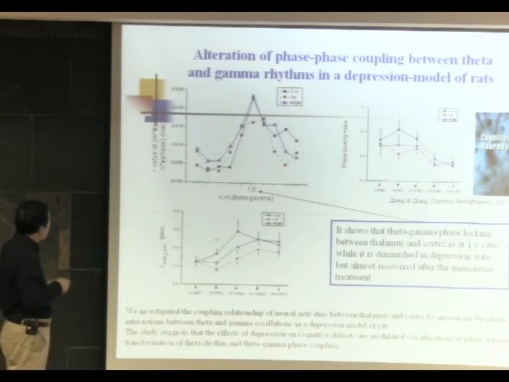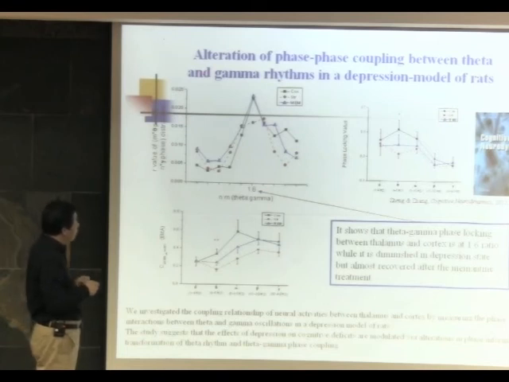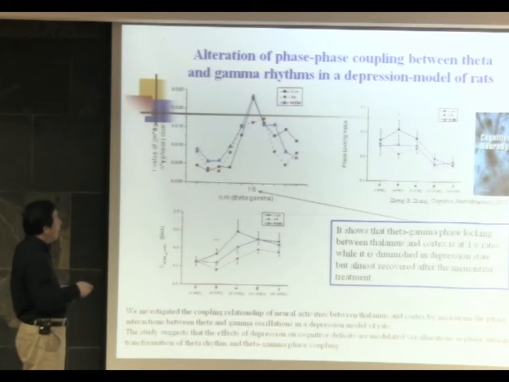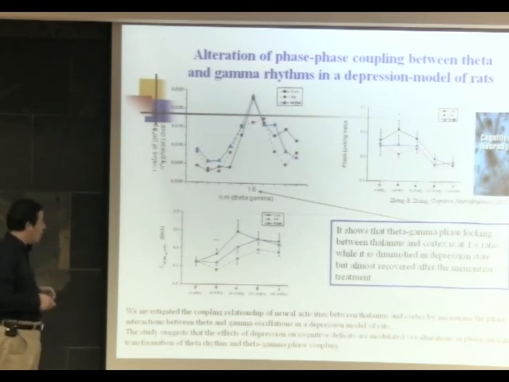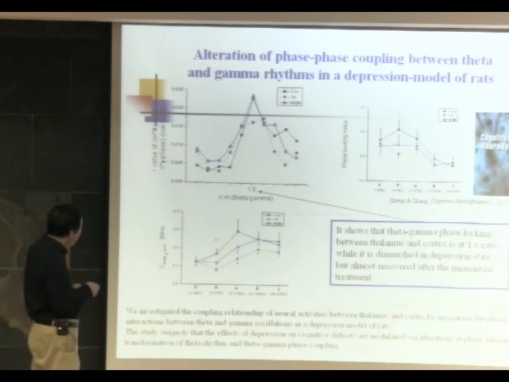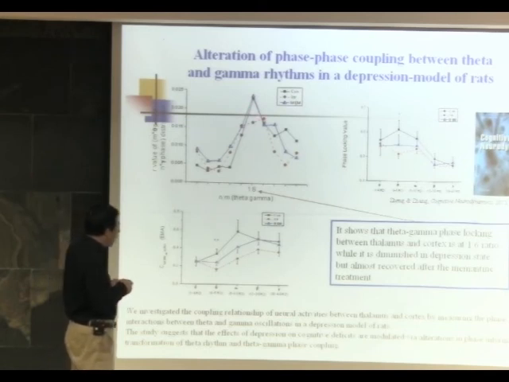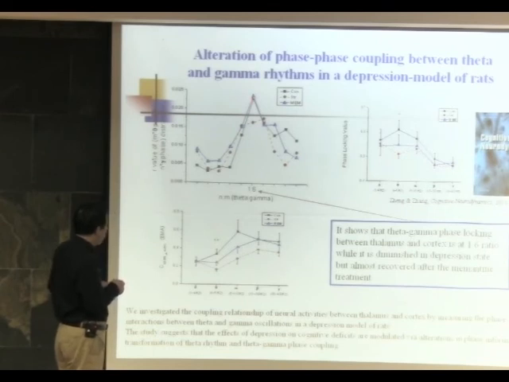And this slide shows the alteration of phase-to-phase coupling between the theta and gamma rhythms in the depression state. The data show the theta-gamma phase locking between thalamus and cortex is about a 1:6 ratio in the normal state.